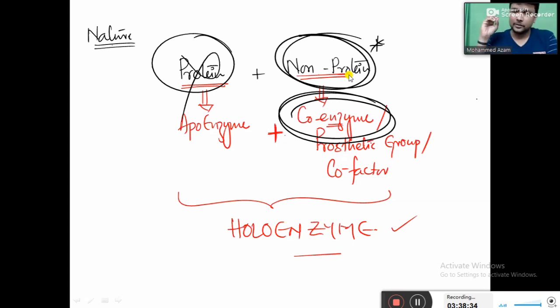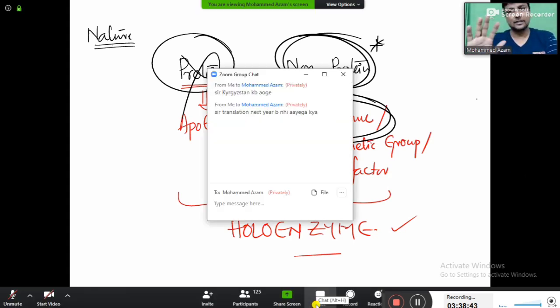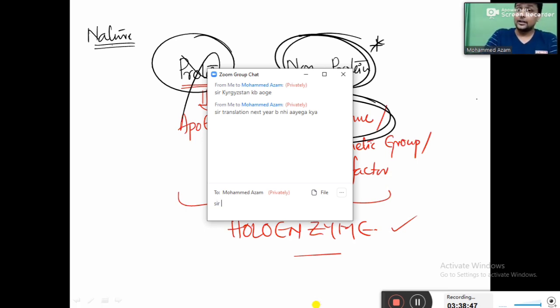There will be hundreds of messages coming to my WhatsApp: sir, this is written in this book. Please guys, whatever I told you, please learn that. That will be more than enough. Please don't get diverted, don't get distracted and don't think negatively that something is missing. So whatever I taught you, please learn it.